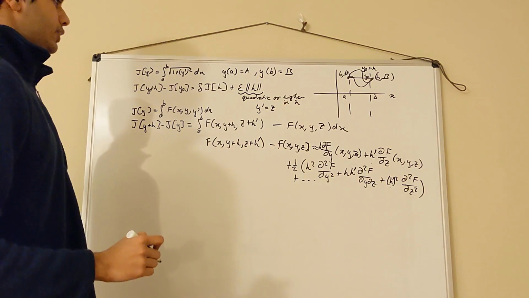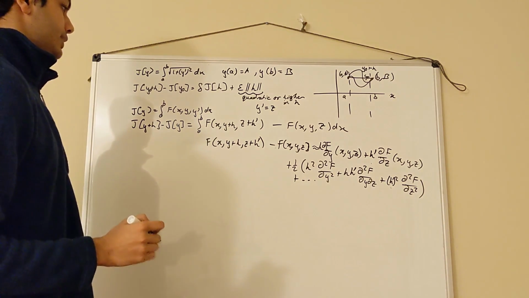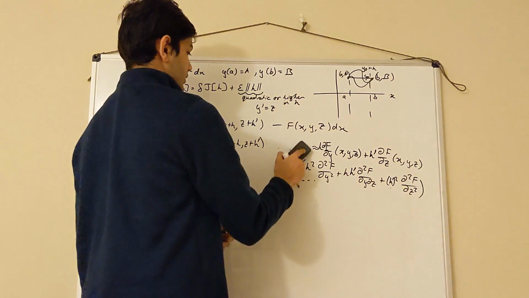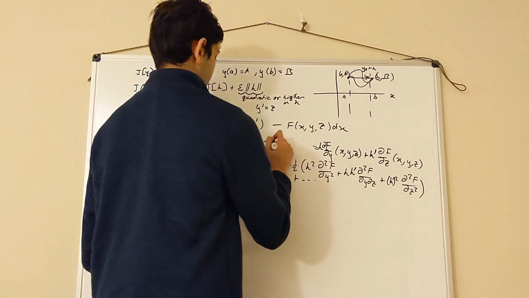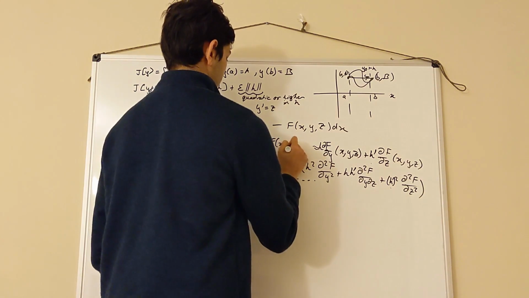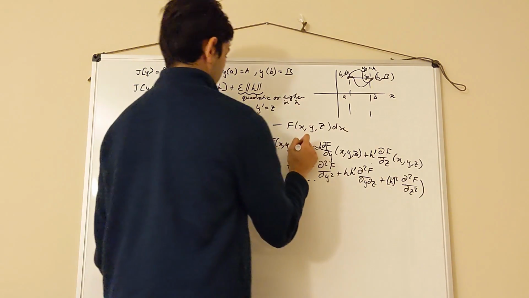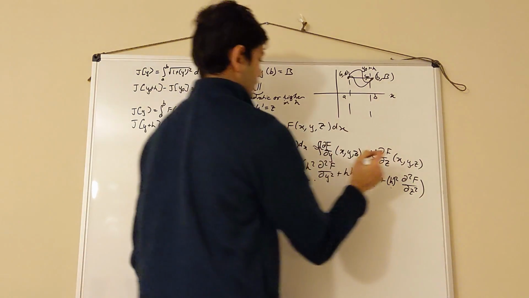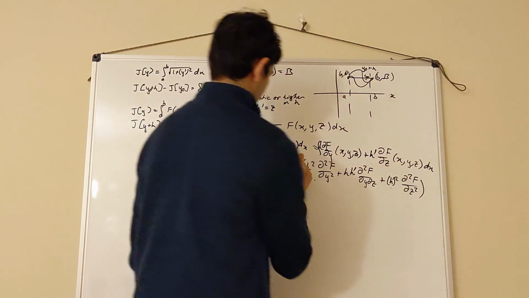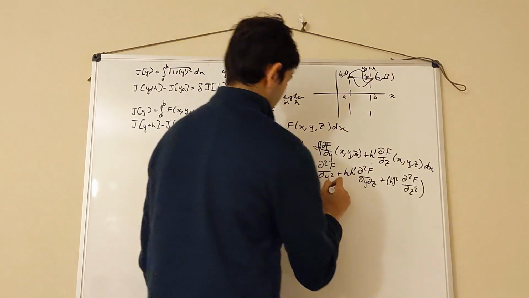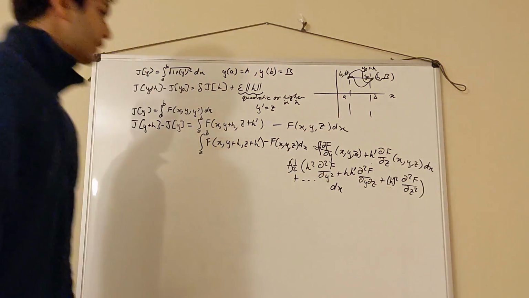And now what we can do is integrate both sides. So we can say that the integral of this from a to b with respect to x is equal to the integral of this with respect to x plus the integral of all of this stuff with respect to x.